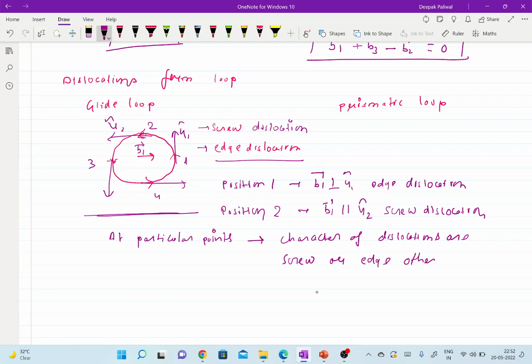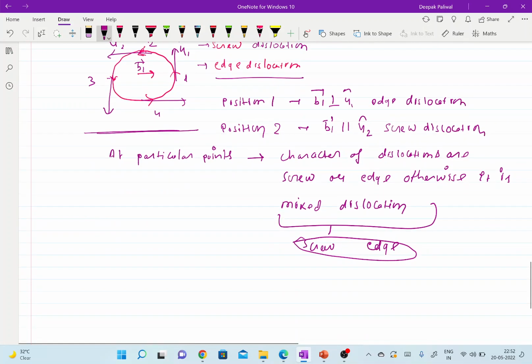Otherwise it is mixed dislocation. Mixed dislocations are the dislocations which have both characters, screw as well as edge.